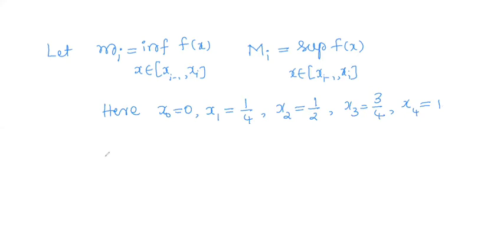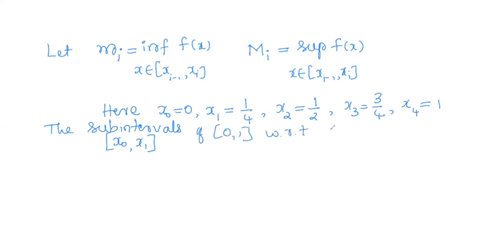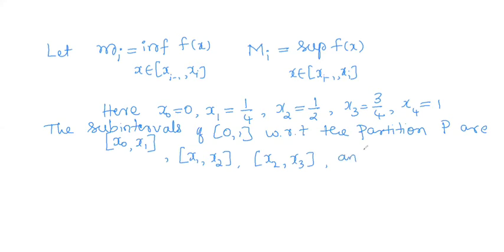So with respect to this, how many subintervals do we have? The first one is x0 to x1. The subintervals of the closed interval 0, 1 with respect to the partition P, what are they? x0, x1, x1, x2, x2, x3, and x3, x4.